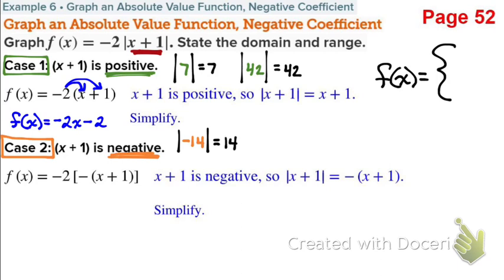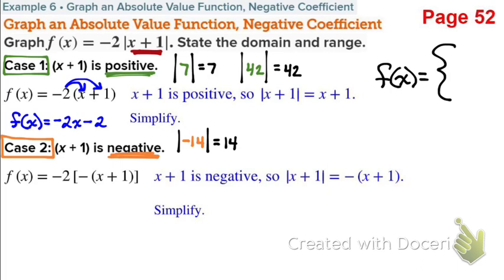I want to think of another mathematical operation that I could use right here. What could I do to -14 that would give me a positive 14? What operation could I do to this that's not absolute value? How can I take something that's negative and make it positive without changing its value?